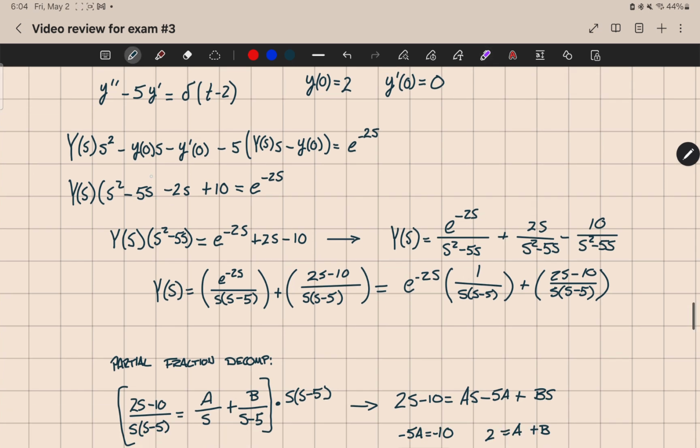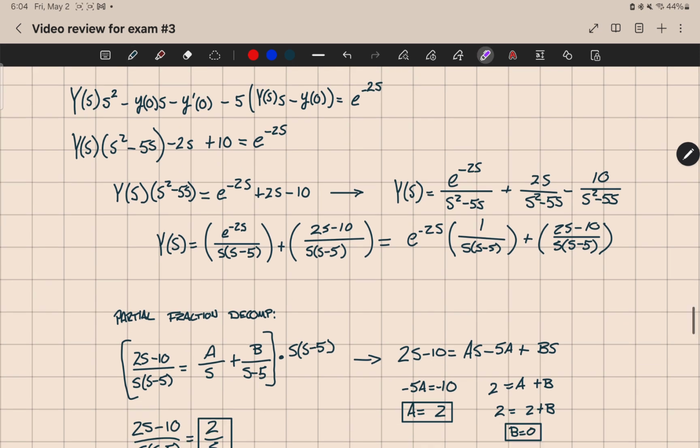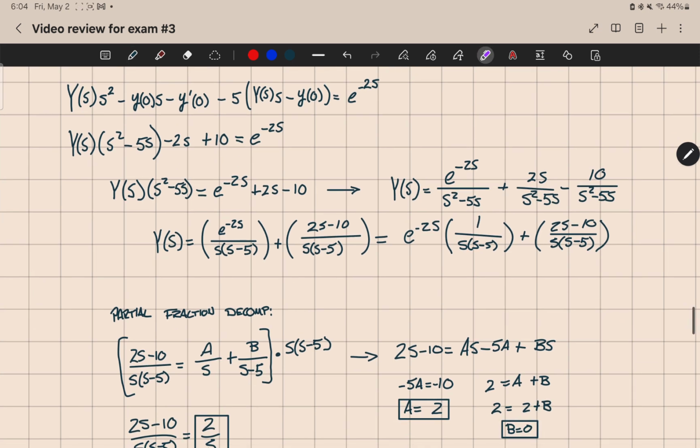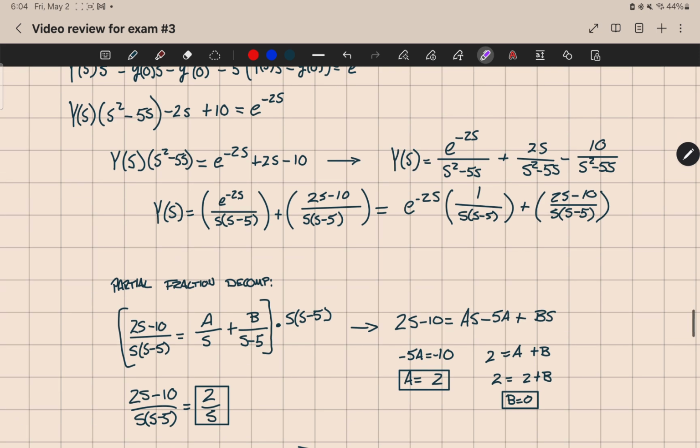I factored out the Y of s and also brought in the values from the initial values, and we end up here. So now I'm going to isolate Y of s, and to do that I first add or subtract over the terms that aren't multiplied by Y of s, and then after I do that I'm going to divide through by the term that's multiplied by Y of s, and we end up here.